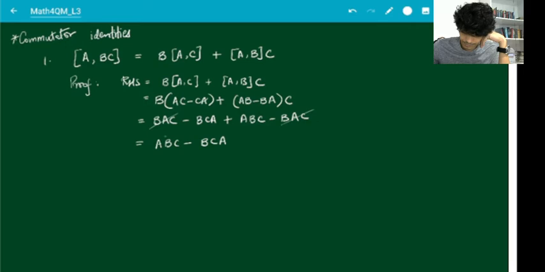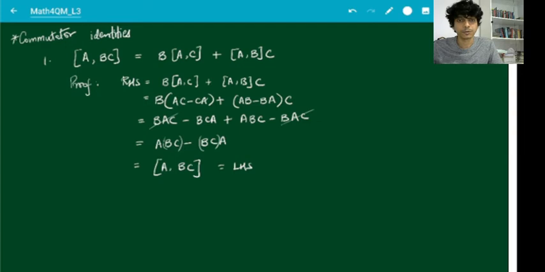And matrix multiplication is associative. So I can do this. So this is just A times BC minus BC times A, which is the commutator of A with BC. This is what you wanted to prove.